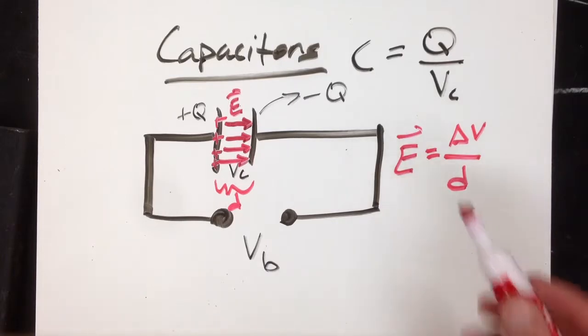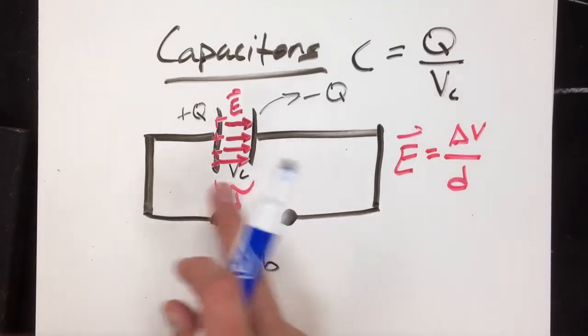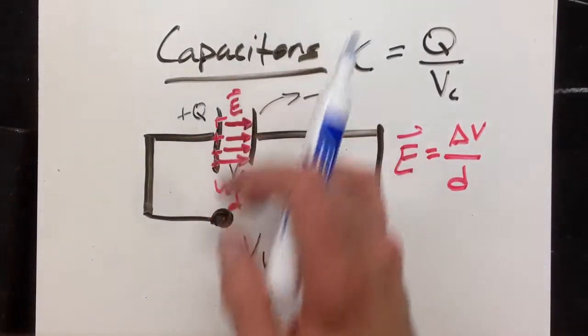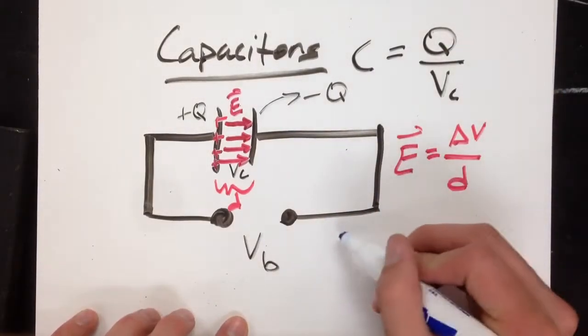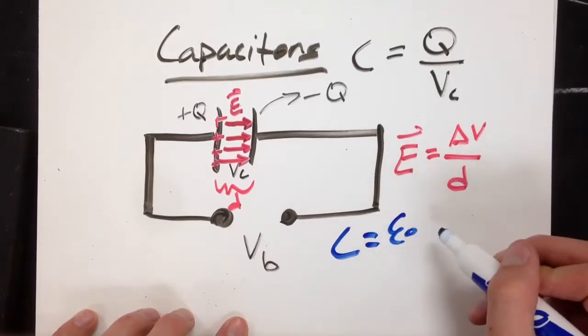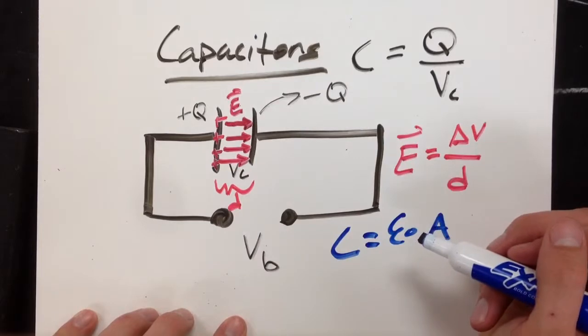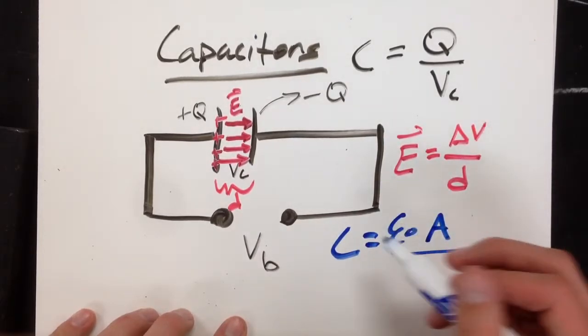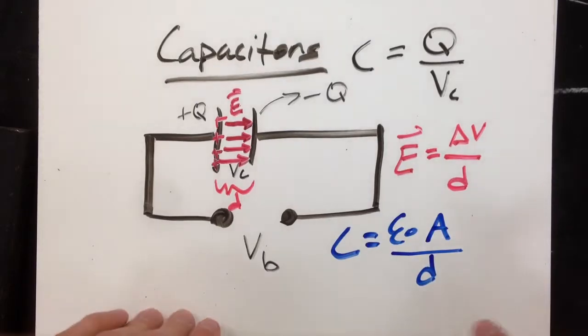Now, what about capacitance? Another useful equation for capacitance relates the distance between the two plates and the area of the plates: epsilon naught times A, the surface area of a plate, divided by the distance between the plates.